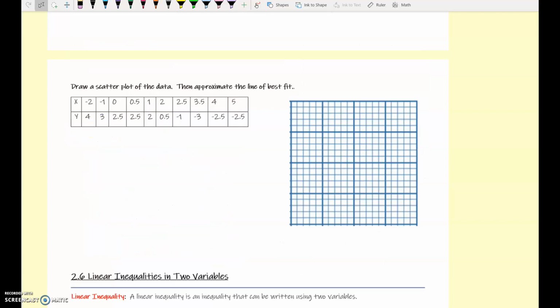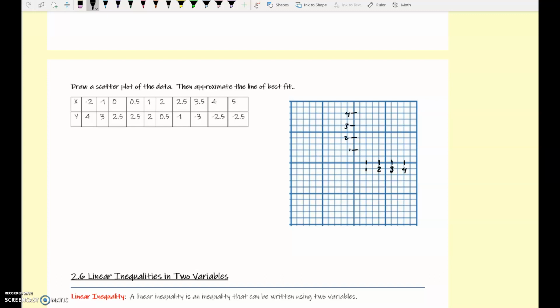The first one of these that you have to do on your assignment is a very similar data set to this example. I would strongly suggest that you do every other hash mark. So this would be 1, 2, 3, 4, and this would be 1, 2, 3, 4.